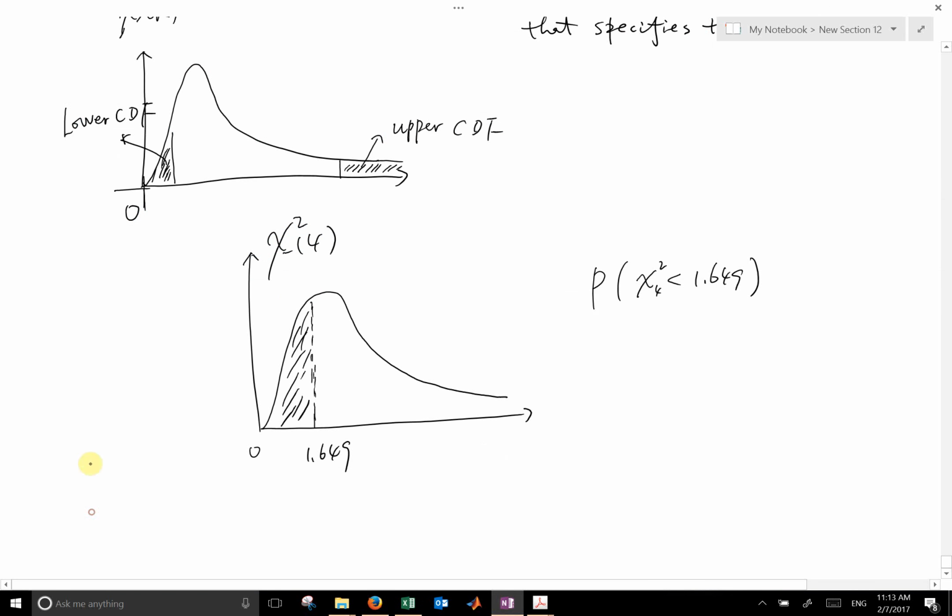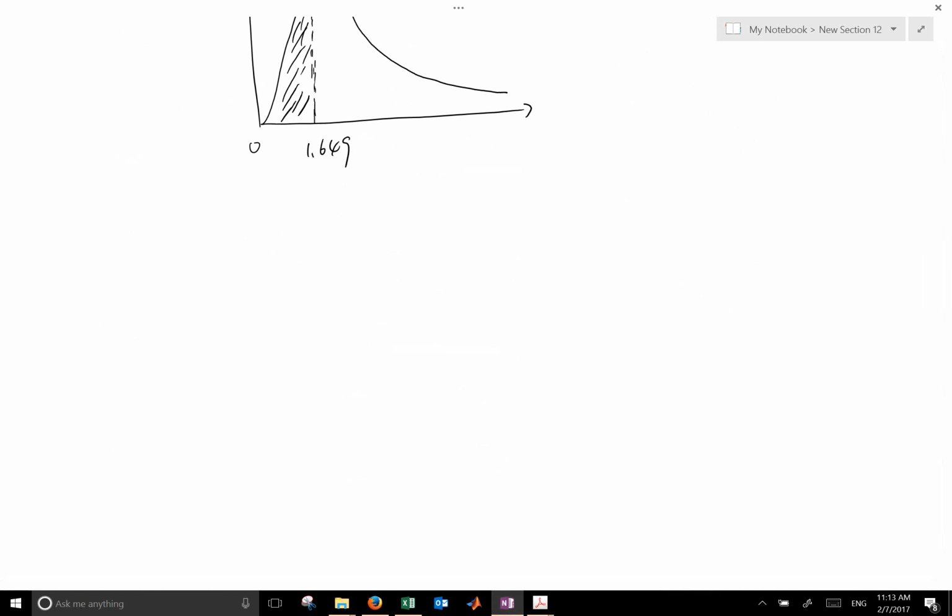Now let's have a look at the t distribution. First, what is the t distribution?